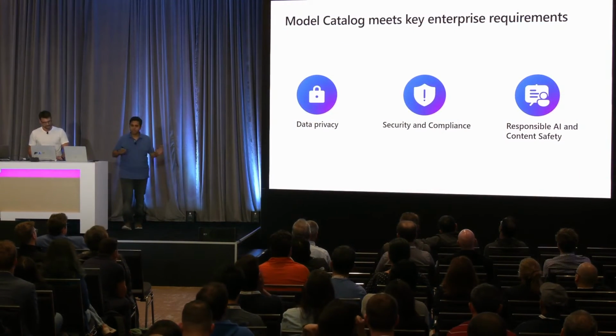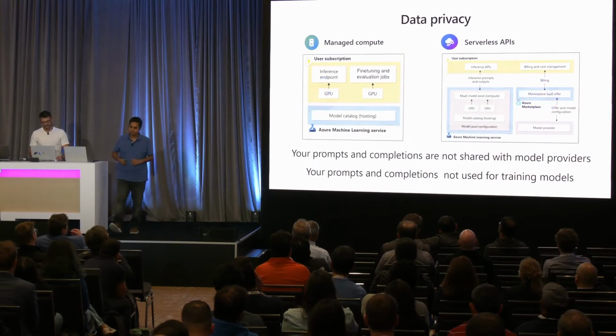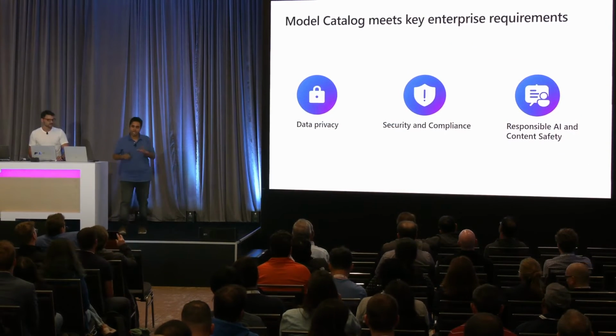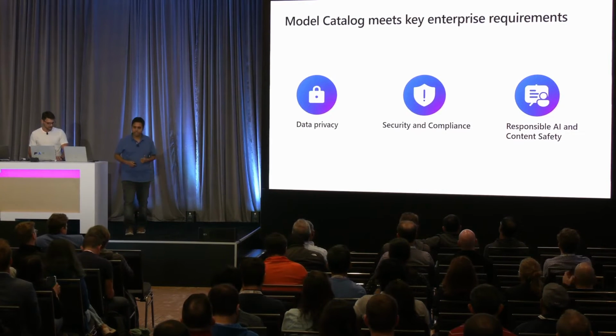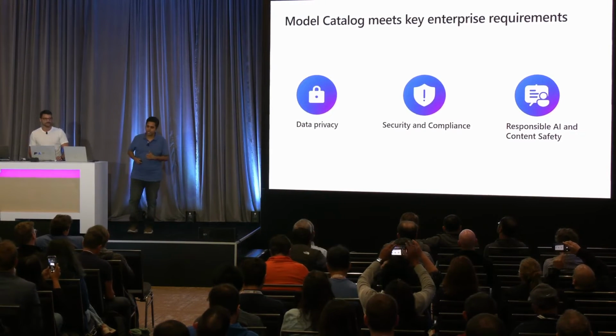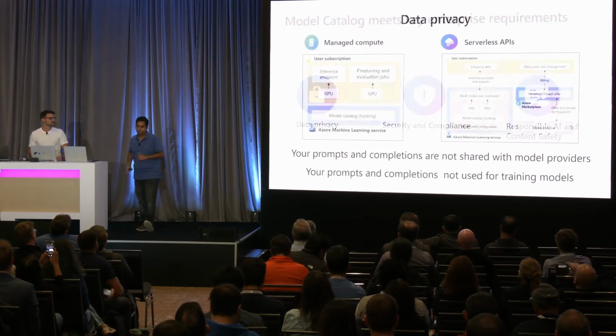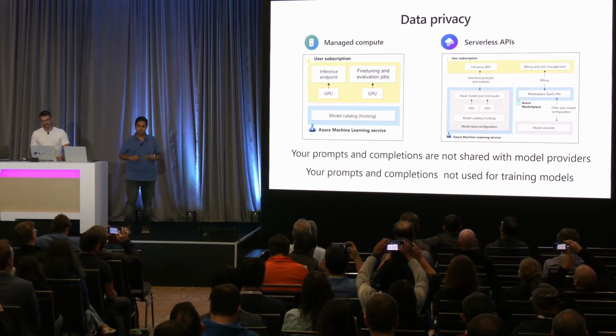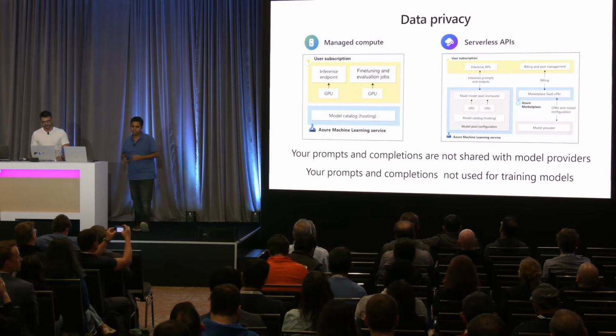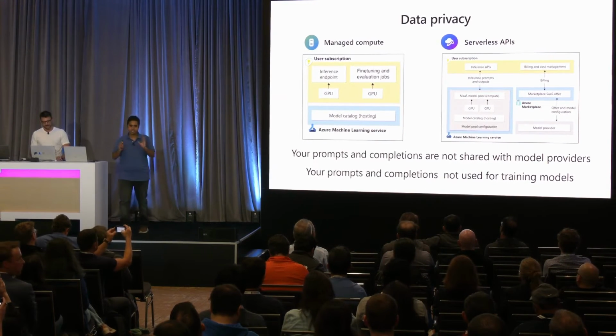Okay, so now that you know how to build apps, let's look at what makes Azure as a platform very unique in terms of enterprise requirements: data privacy, security, and then responsible AI and content safety is very important. When it comes to data privacy, as we called out, both in the managed compute option or the serverless APIs option, your data is safe and protected.